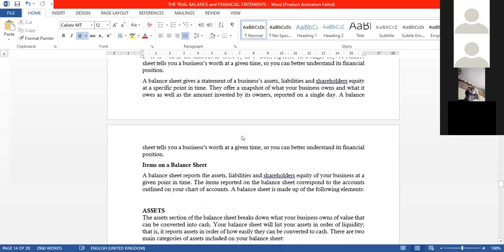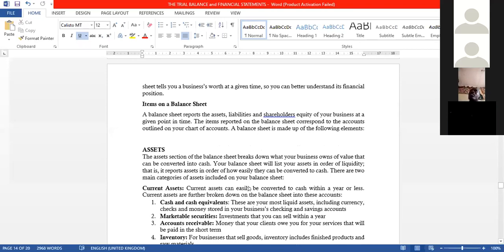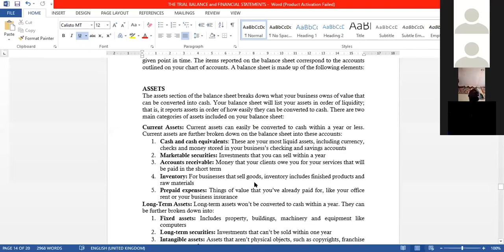Now, we talk about those three items: assets, liabilities, and capital. What is an asset? An asset is something of value that you own. For example, if you own a laptop, that is an asset to you, right?